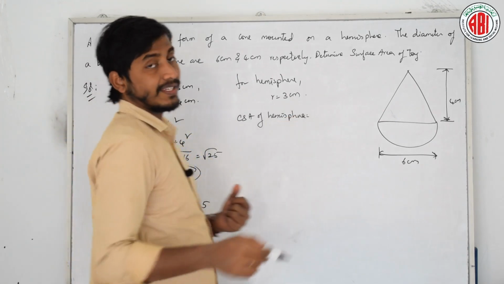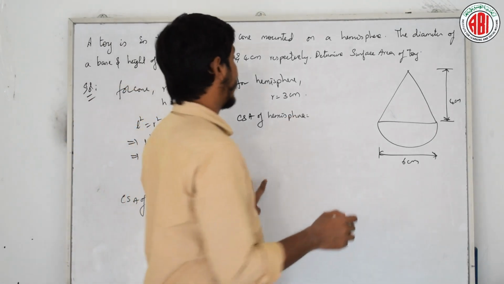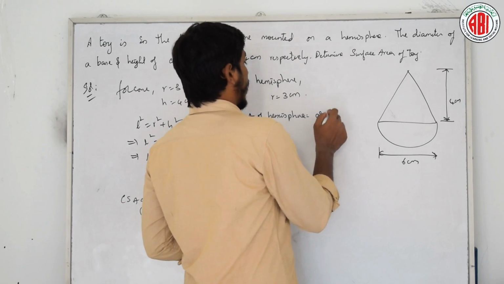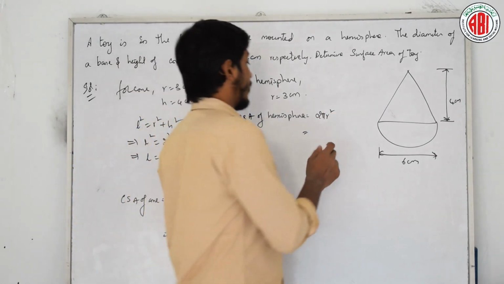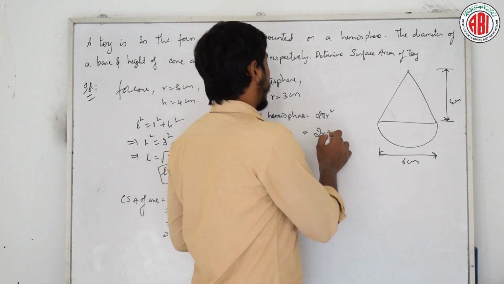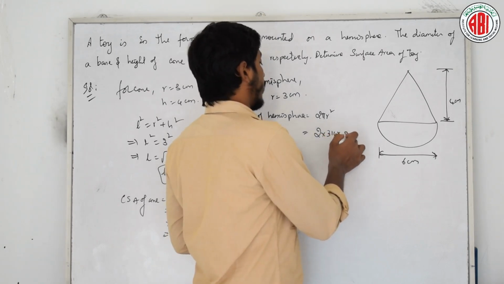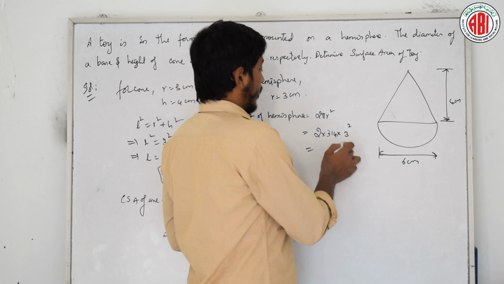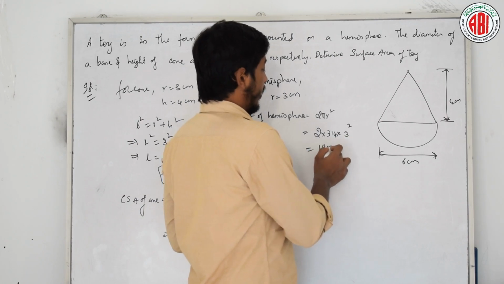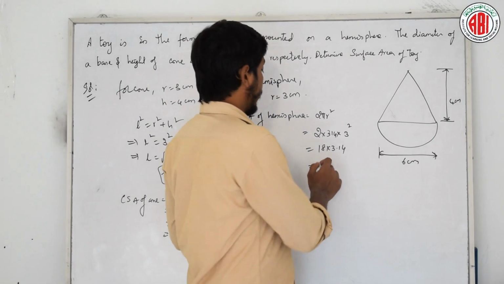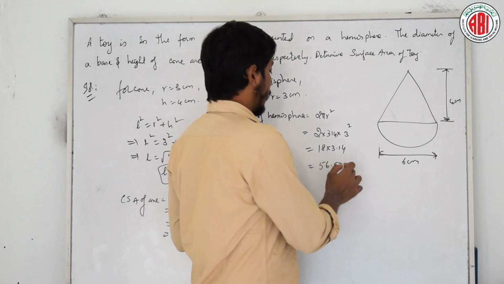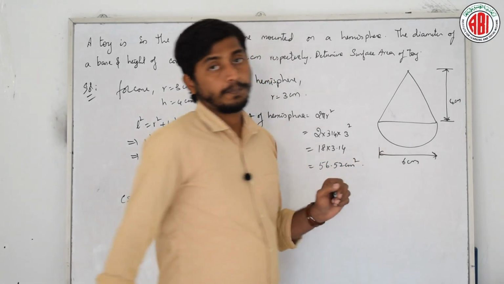What is the formula of CSA of a hemisphere? That is 2 pi r square. Just substitute in it. 2 into 3.14 into 3 square. 3 square is 9, 9 into 2 is 18 into 3.14. That is 56.52 centimeter square, isn't it?